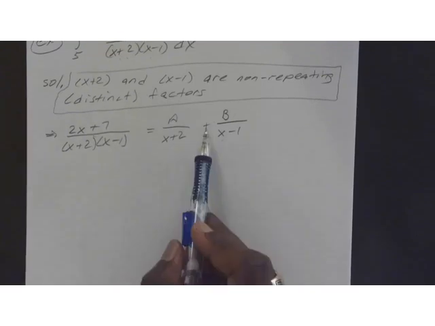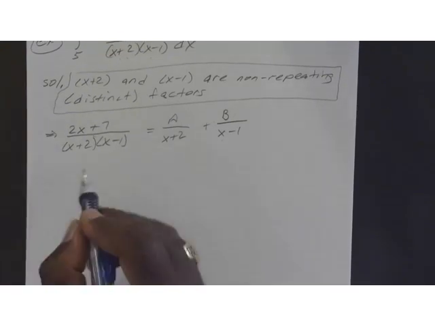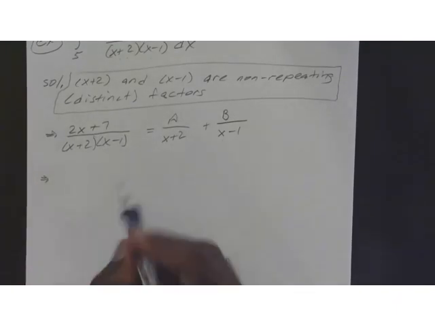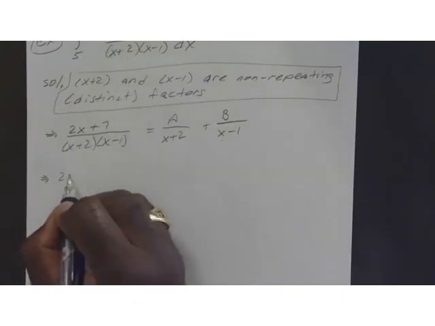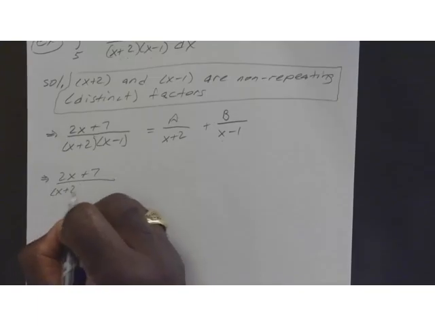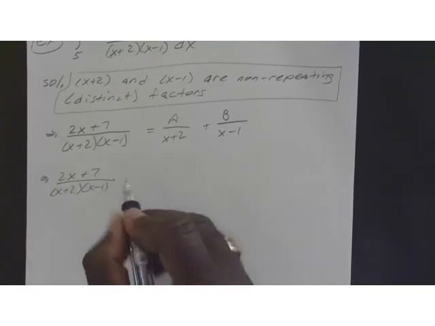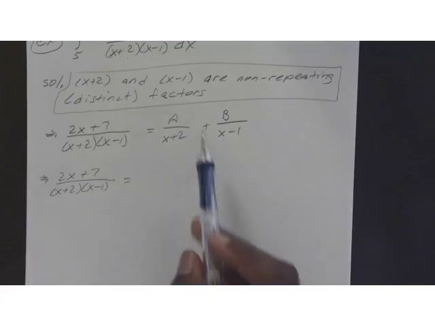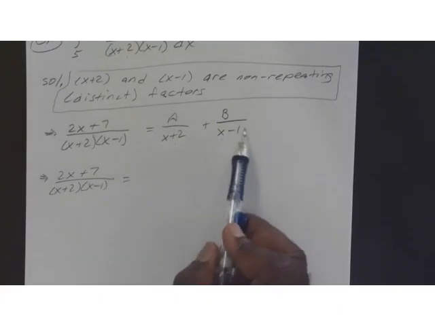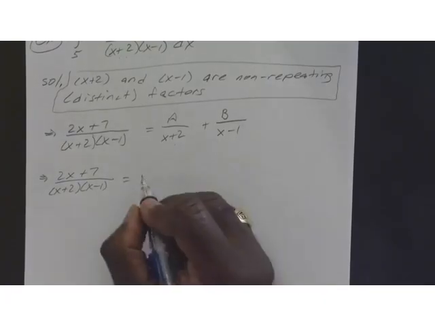Now, to find out what those numbers are, and I normally don't write this first one down, I just put equals, but I'll write it down anyway. (x + 2)(x - 1). This a divided by x plus 2, we're just going to multiply the numerator and denominator by the opposing denominator.